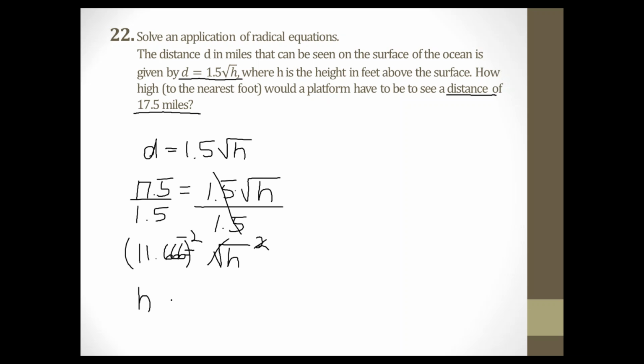So now we are left with h equals 11.66666 and so forth squared, and that will give you 136.111 something, and rounding it to the nearest foot would be 136 feet.